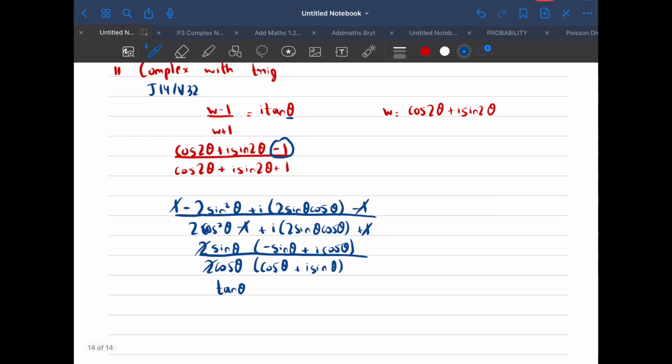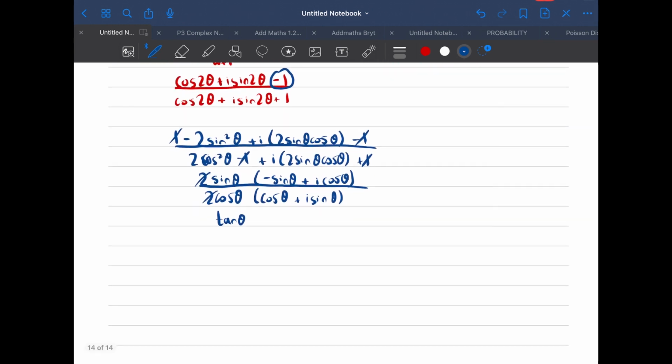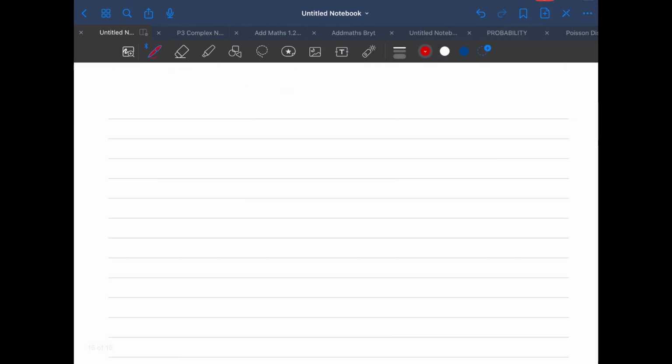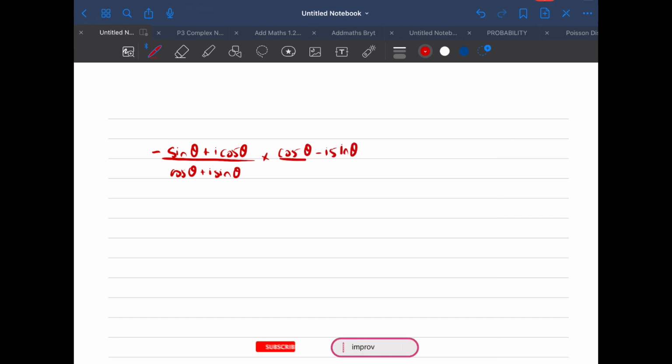Now let's try solving minus sin theta plus i cos theta divided by this. Let's solve this separately, on a new page. So minus sin theta plus i cos theta divided by cos theta plus i sin theta. You multiply this by its conjugate. That's the rule for division, right kids?